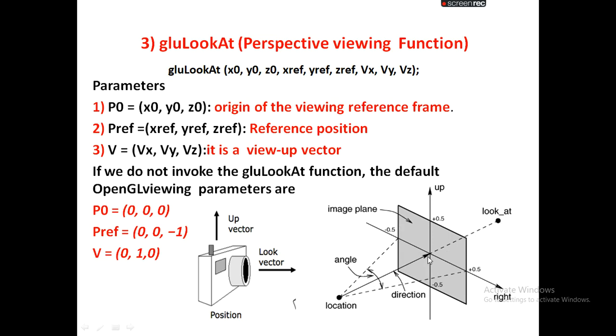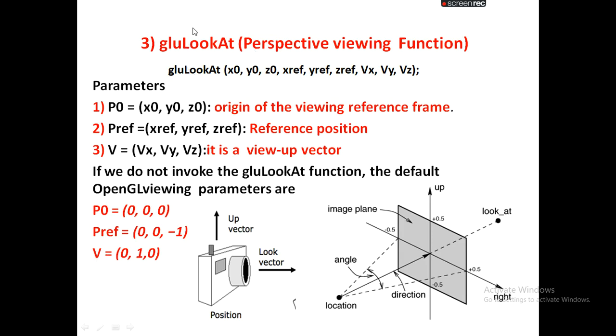Now the VUP vector: our camera is parallel to the y-axis. When the camera is parallel to the y-axis, then x is 0, z is 0, and only the y-axis value is 1. So this is our VUP vector.